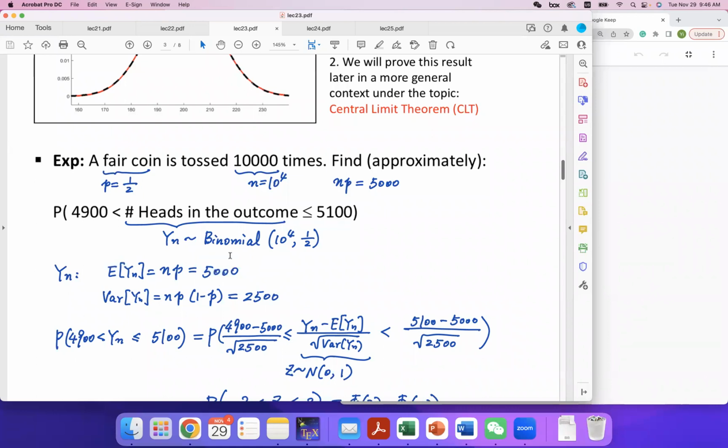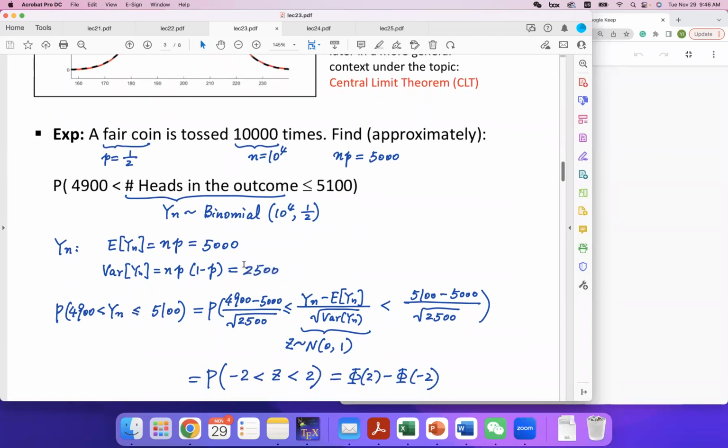So we expect to observe about 5,000 heads. And the variance of Yn, according to the binomial distribution, is np times (1 minus p), and it is actually 2,500. So the variance is very small compared to the mean, which means such a distribution is going to be very highly concentrated around the mean.